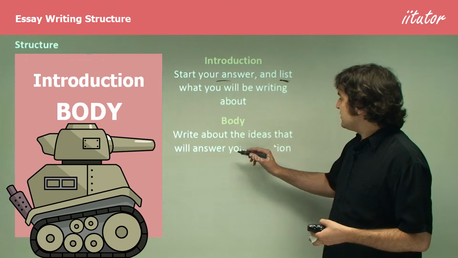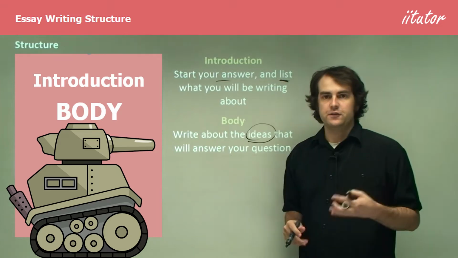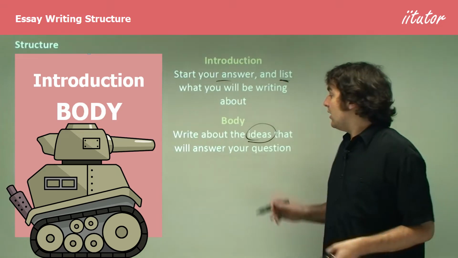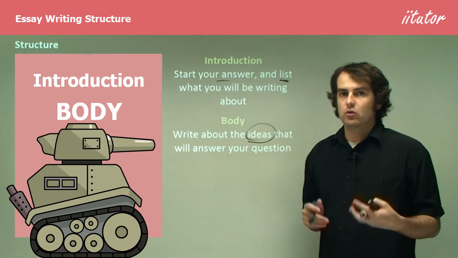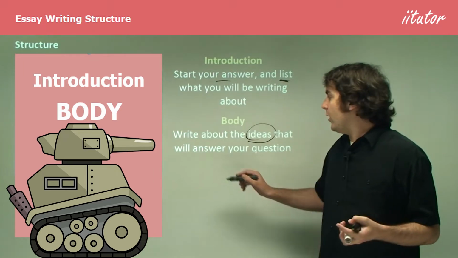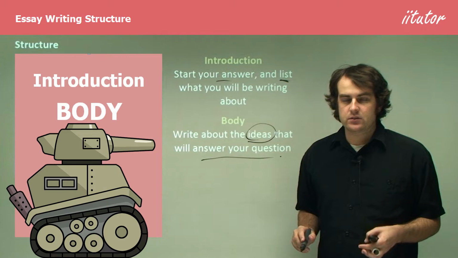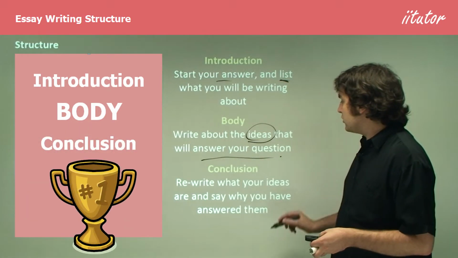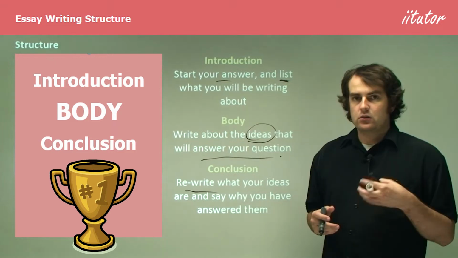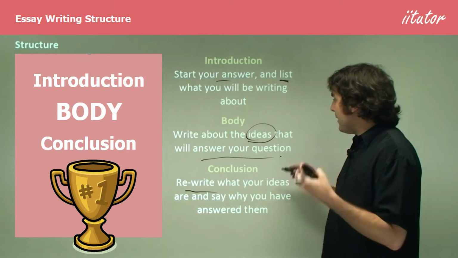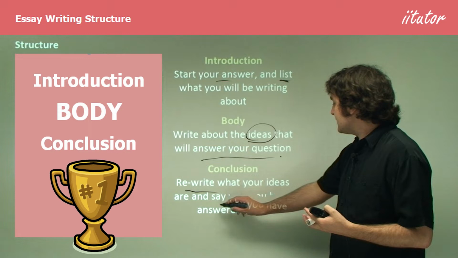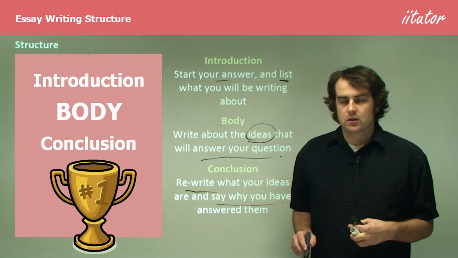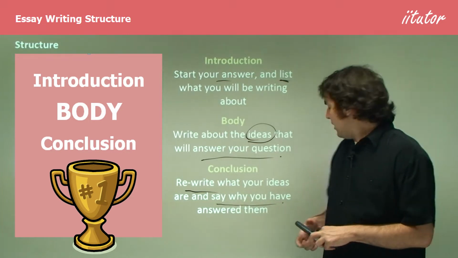Now, your body is really the ideas. If you're not sure what we mean by ideas here, ideas are all the answers or all the reasons that you've got that will help answer your question. All right, so you talk about them, you go into detail with them. And finally, your conclusion is where you rewrite, not the whole thing, but just your main points, what they are again, and then say why you've answered the question. We'll go into that in a little more detail in a moment.